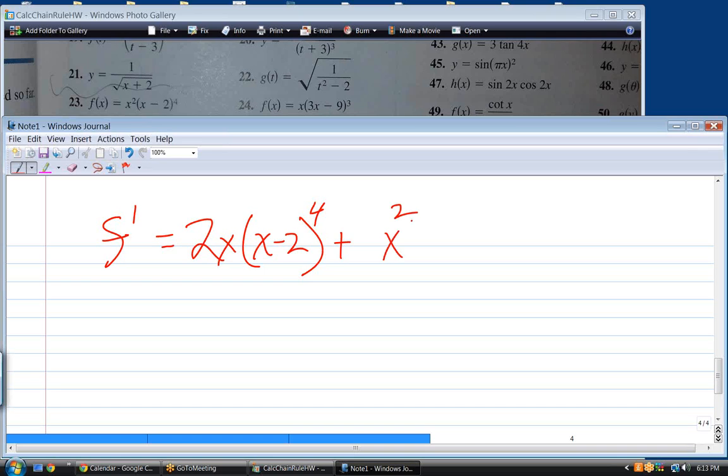Always write that. Now there's no confusing. You took the derivative of that in the first step, and you're going to use that in the second step. So now what's the derivative of this part here? 4, quantity of x minus 2 cubed, and then that times 1. Okay, we don't need to write that. Okay, good.